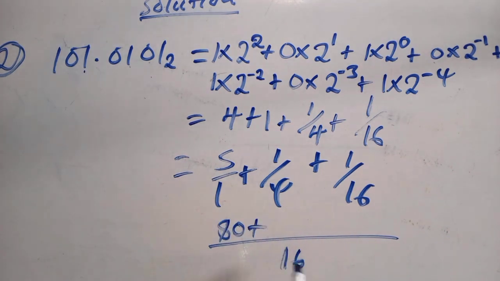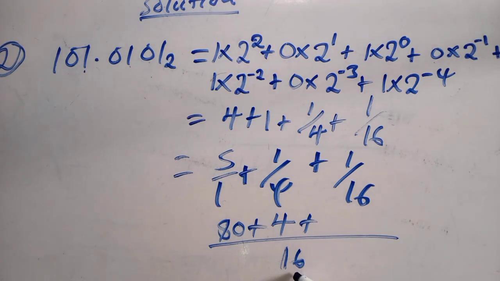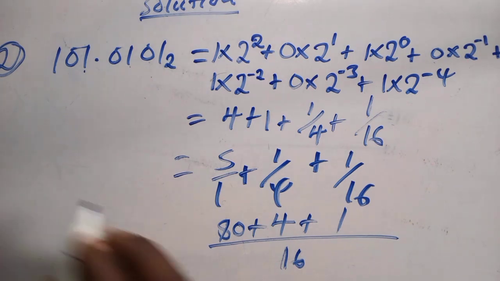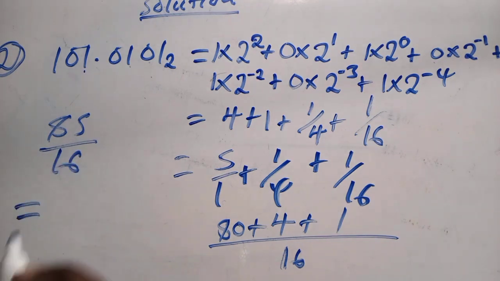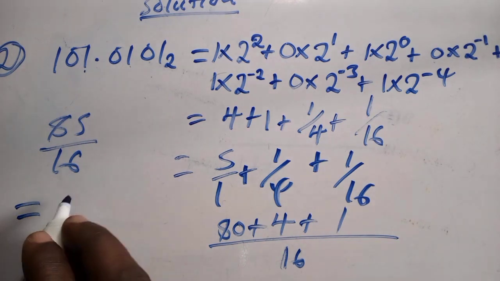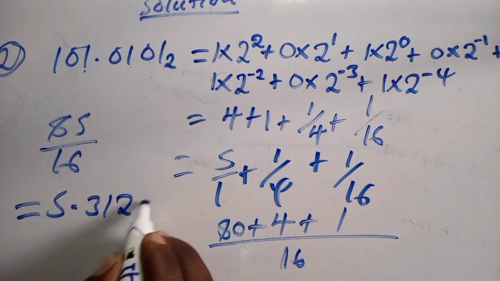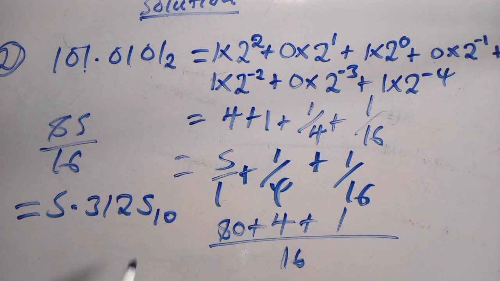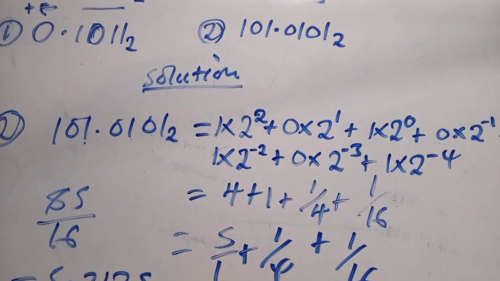Plus 4 into 16, it is 4. 4 times 1, which is 4, plus 16 into 16, 1. 1 times 1, which is 1 here. So here we are going to have 85 over 16. And when we divide this number, the answer which we are going to get is 5.3125 to the base 10. So this is our answer for question 2.